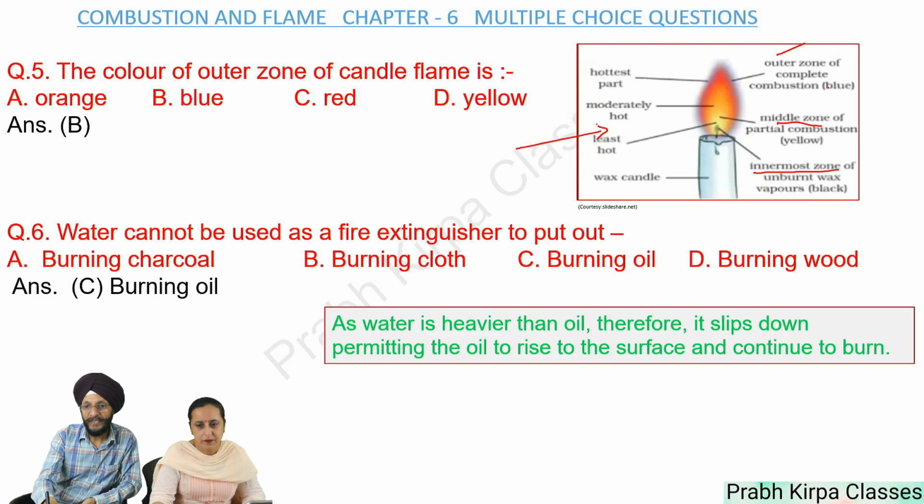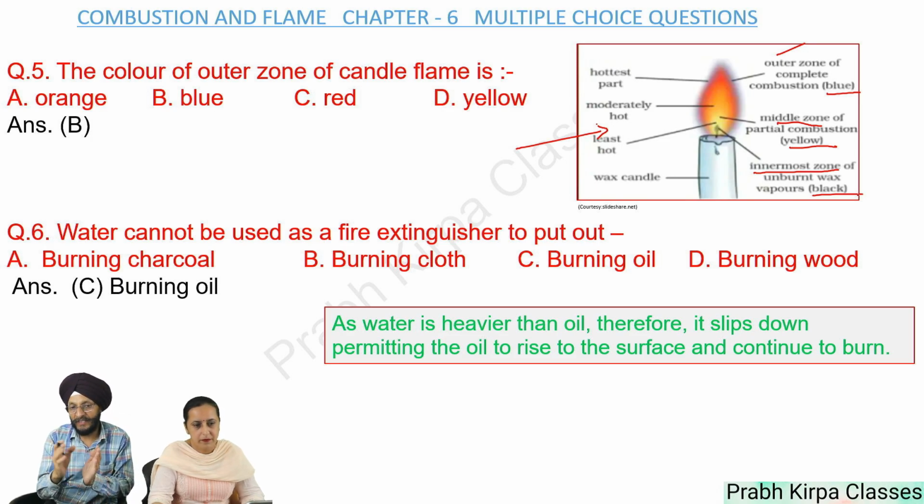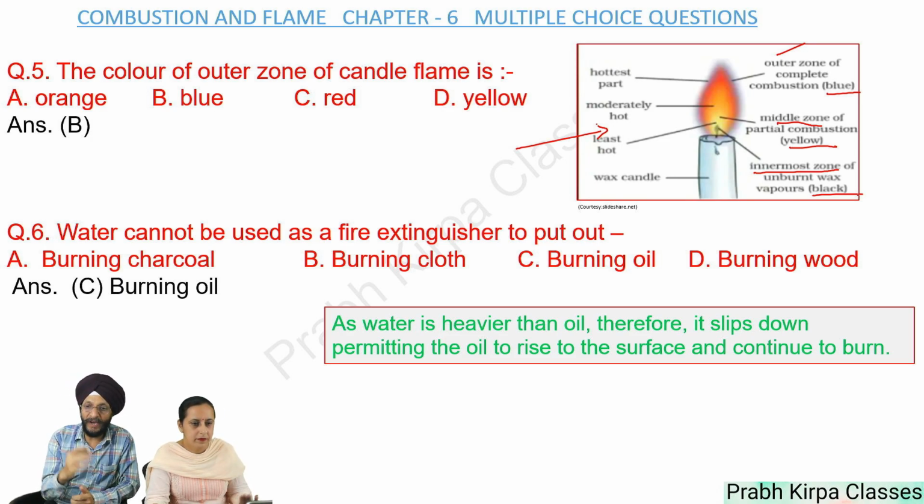Outer zone is blue in color, whereas middle zone is yellow in color, innermost is black in color. We are giving you each and every aspect of this question so far as the colors of various zones are concerned. In the exam you may be asked a question in regard to the other zones also.